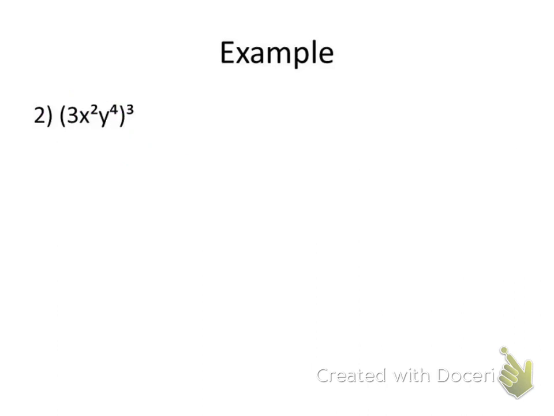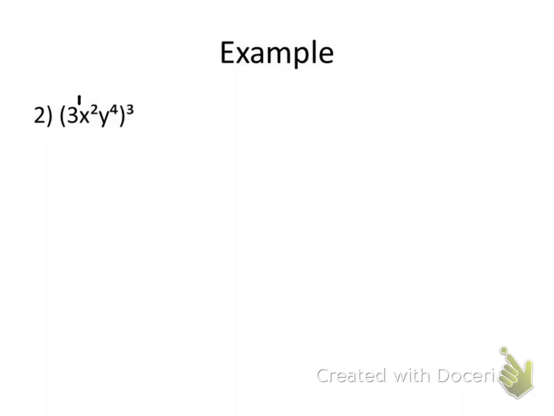Here's number 2. So we have 3x to the 2nd, y to the 4th, all to the 3rd power. So we're going to start by making sure everything inside the parentheses has an exponent. Who's missing an exponent?